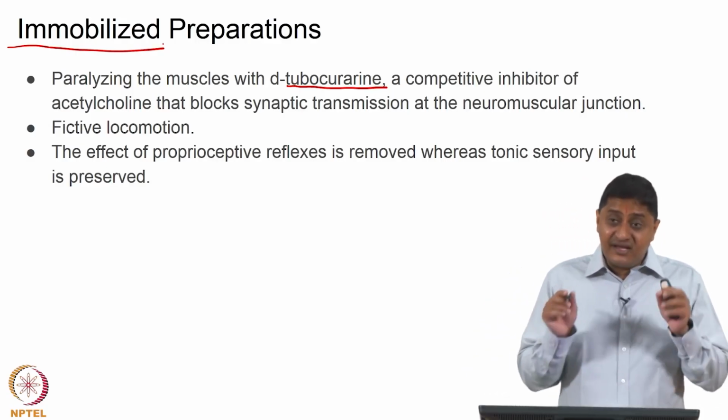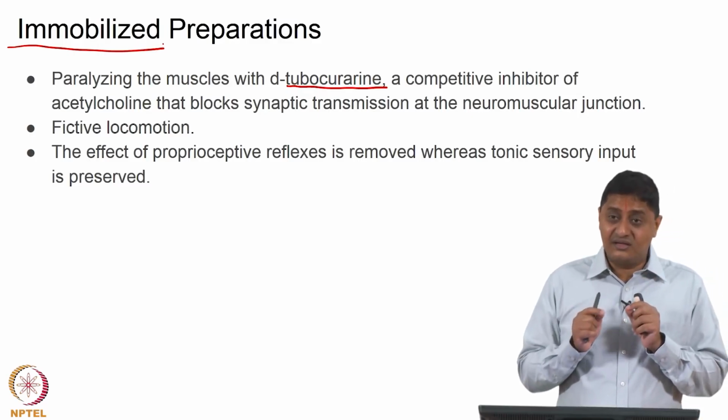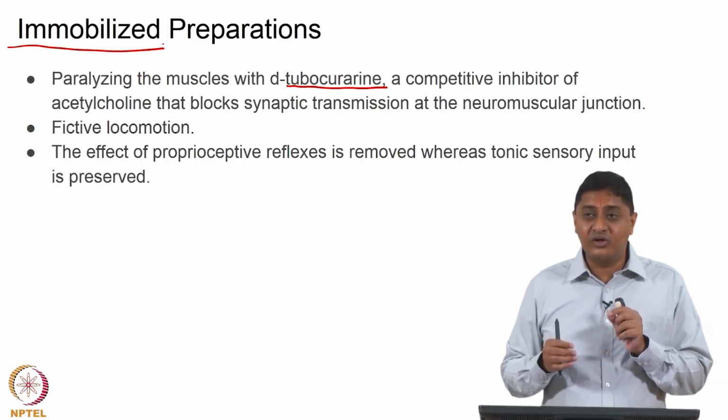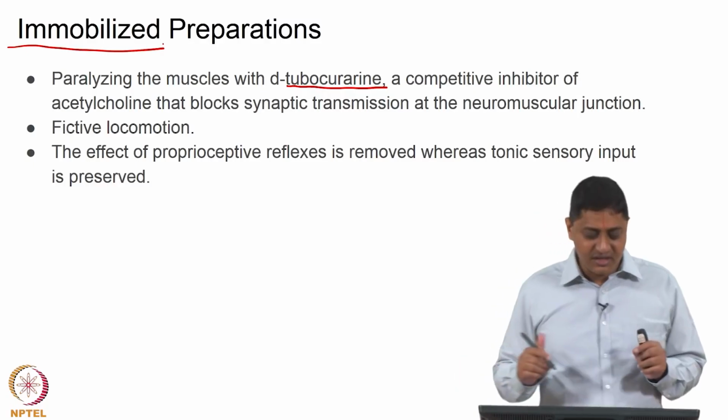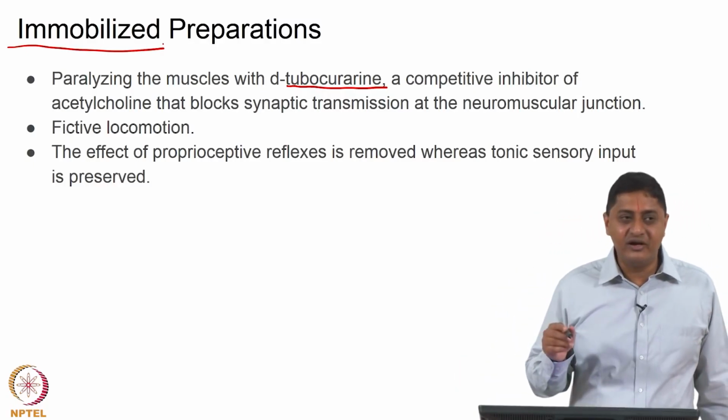In that case, if I can selectively record from alpha motor neurons that fire specific muscles, you will have locomotor-like activity in the alpha motor neurons, but no real locomotion. Real locomotion involves actual movement.